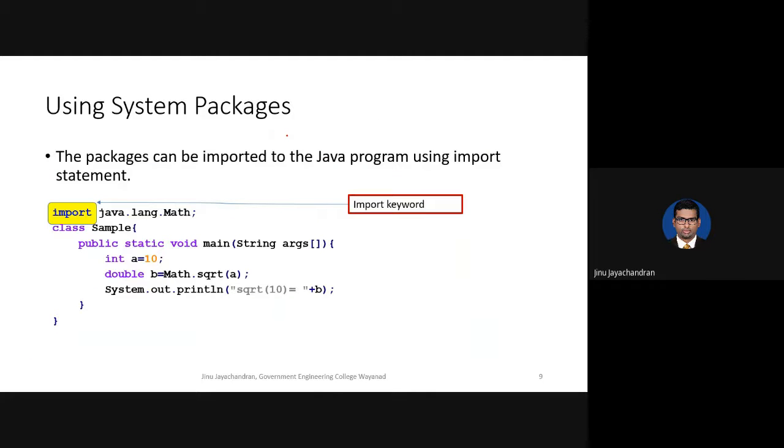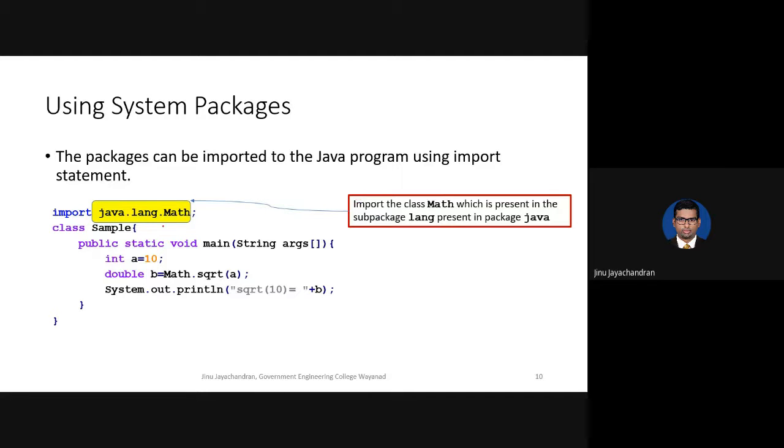So how will you use the system packages? You have a keyword called import. If you say import followed by a package name, that package will be imported into your Java program. For example, let's say you want to use the function sqrt, to find the square root of a number.